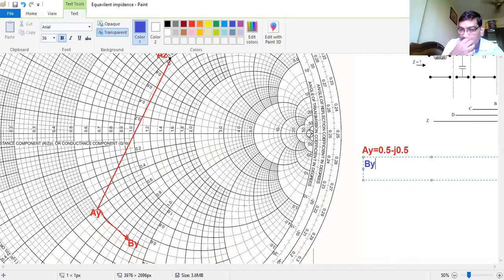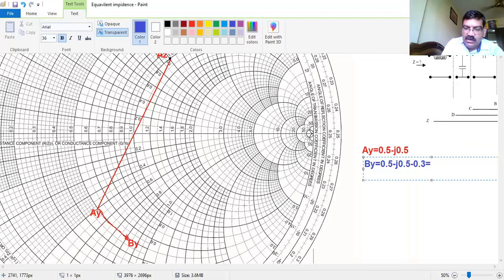So by equals 0.5 minus j0.5 and minus, we did 0.3 previously, 0.3.